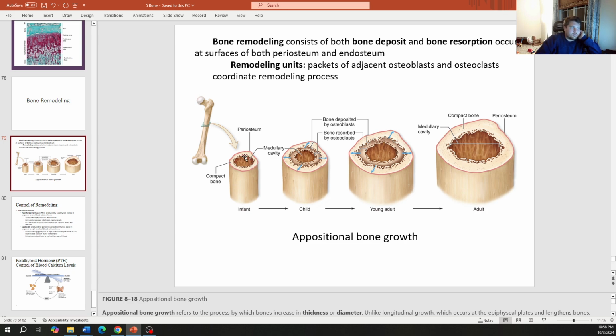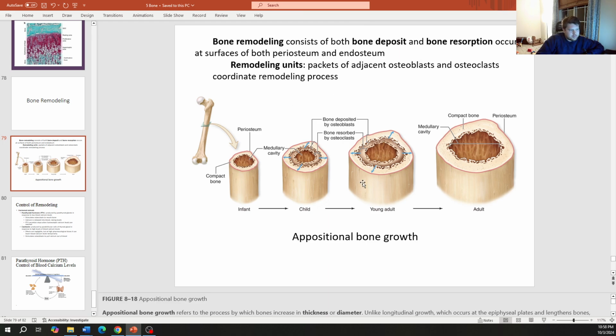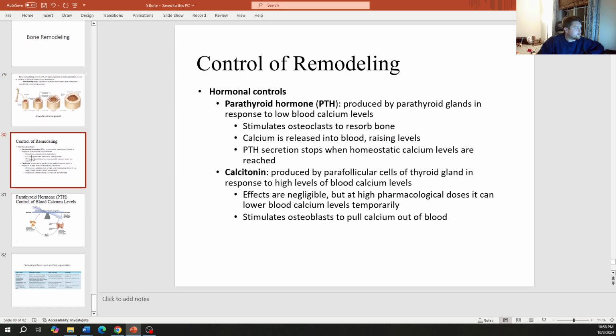So we have osteoclasts on the inside eating away at the cortical bone, and osteoblasts on the outside laying down more bone, growing the bone bigger and bigger and bigger, so that the medullary cavity can continue to get wider as well. So we have bone deposit, bone resorption, all happening at the same time. You have the osteoblasts and osteoclasts working together for the growth of the bone.